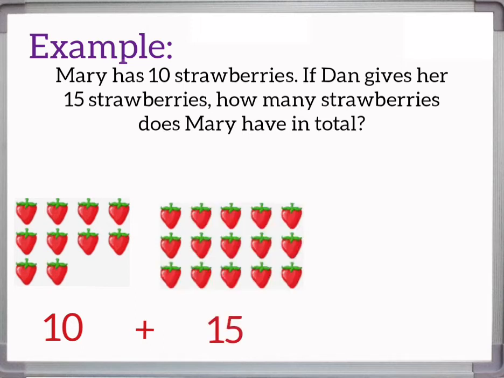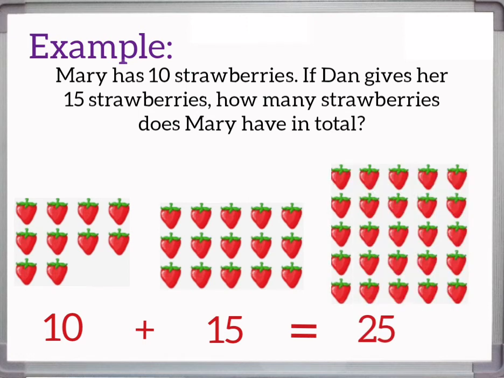And we draw 15 strawberries equals. So what is 10 plus 15? I want you to count how many strawberries are there. So count it. What did you get? Yes, it is 25. So we write 25 and we draw 25 strawberries.